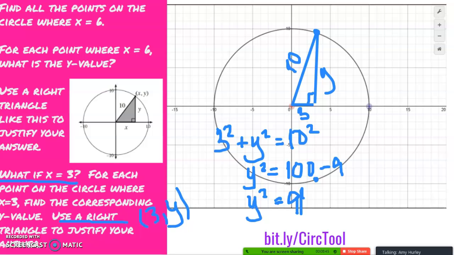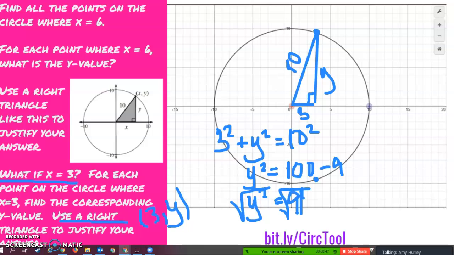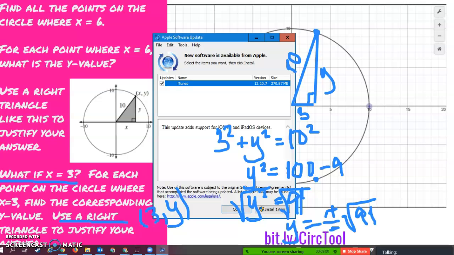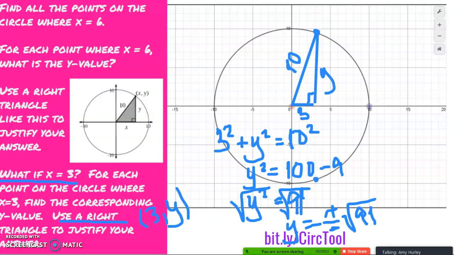If we take the square root of each side, we get y equals positive or negative root 91. If you put it in your calculator, you're going to see that it puts you right between 9 and 10, right about here.